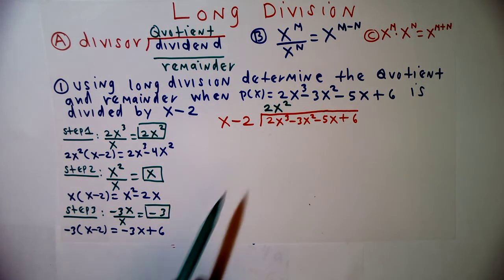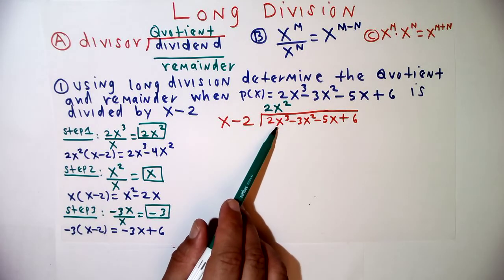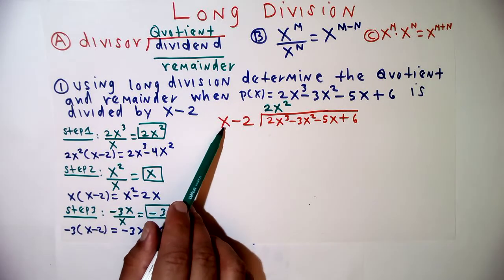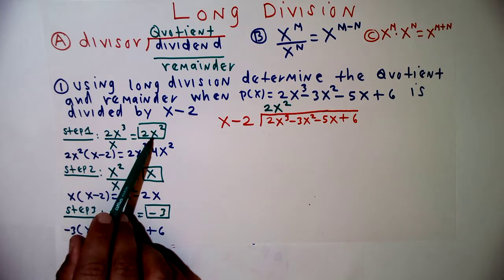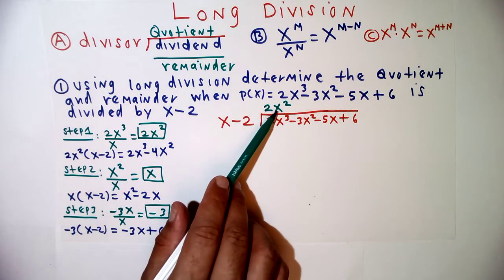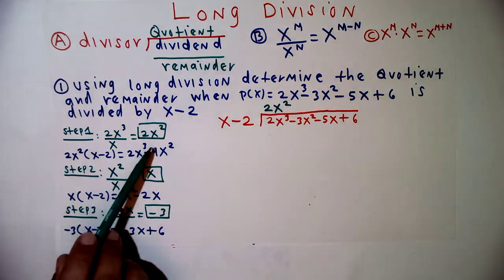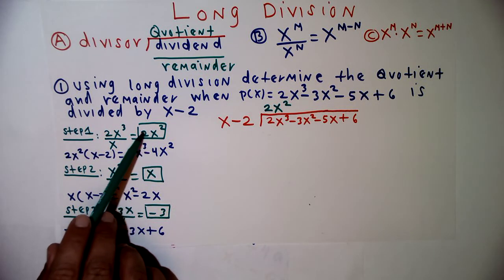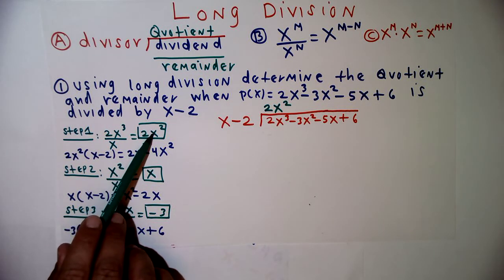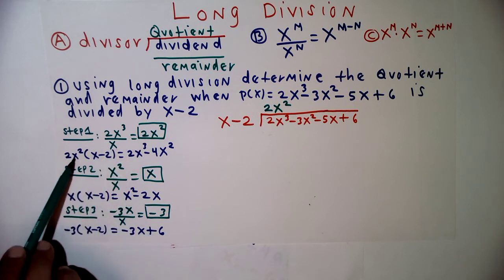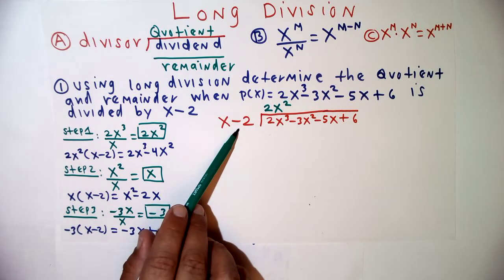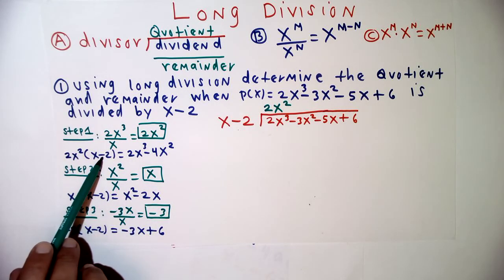Once again, after you divide term number 1 of the dividend by term number 1 of the divisor, whatever you get there, that answer is basically like the beginning of your quotient that you're looking for. But after that, the answer that you get for the quotient here, you're going to write it down again, and you're always going to multiply by the entire divisor on the outside, which is basically x minus 2.